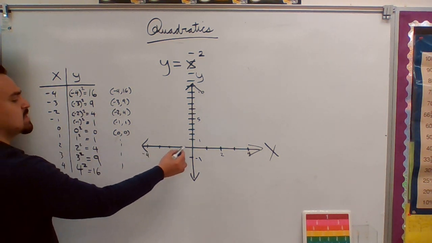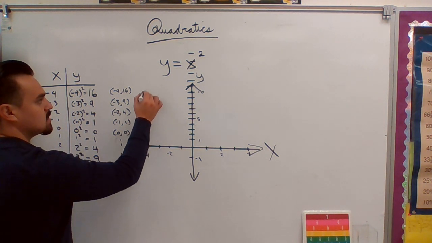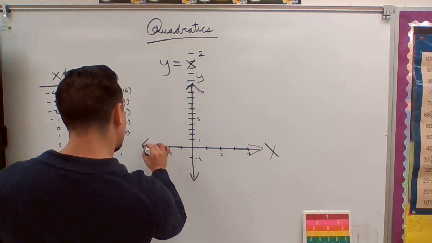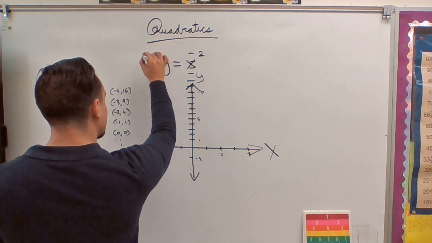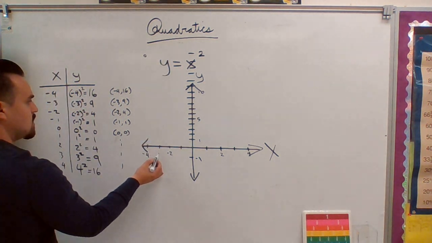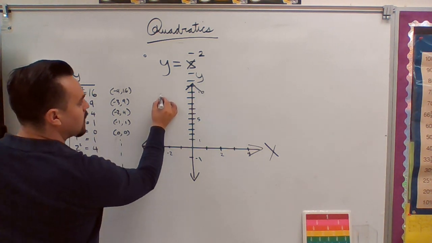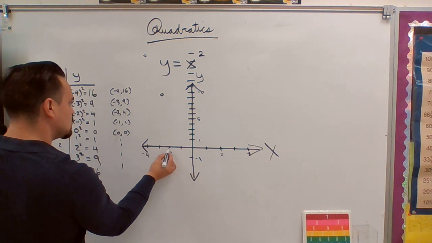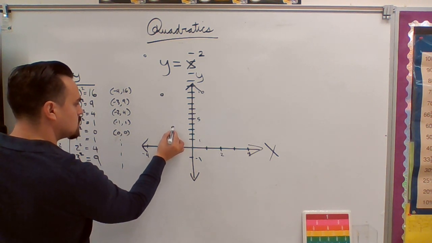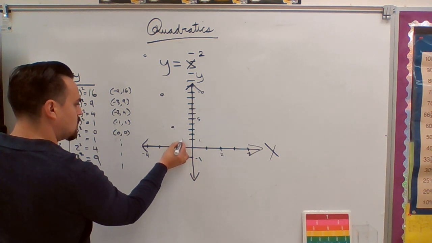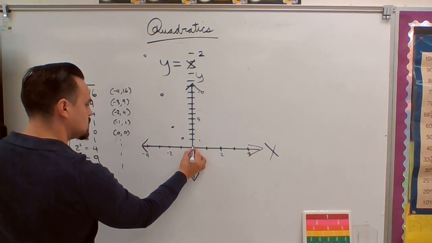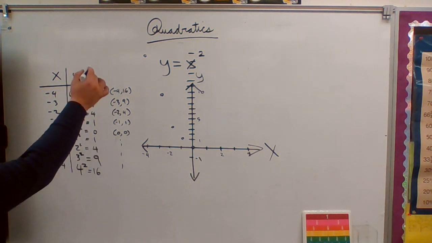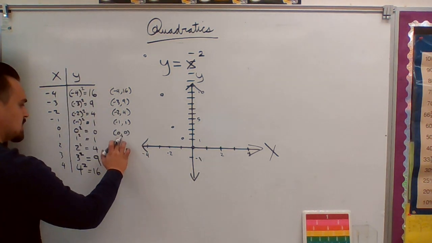Let's plug these points in. -4, 16. -3, 9. -2, 4. -1, 1. 0, 0. Okay, we've got that side. We'll connect it in a second.